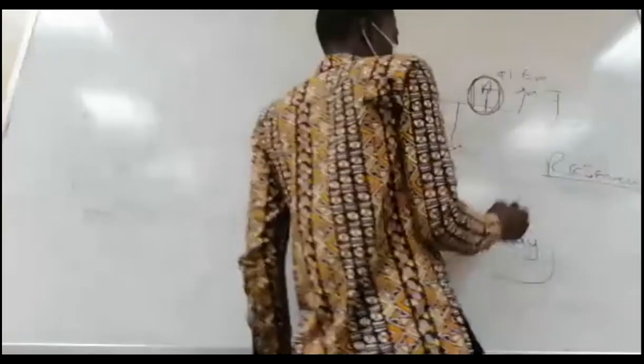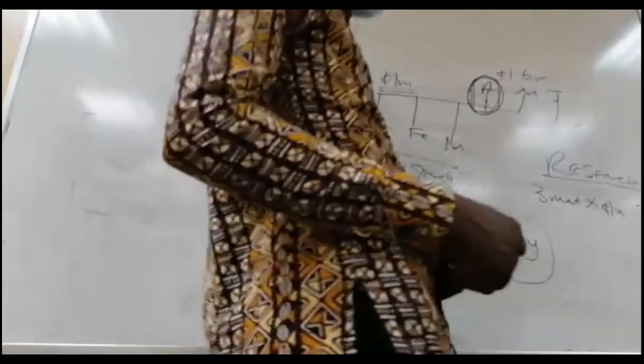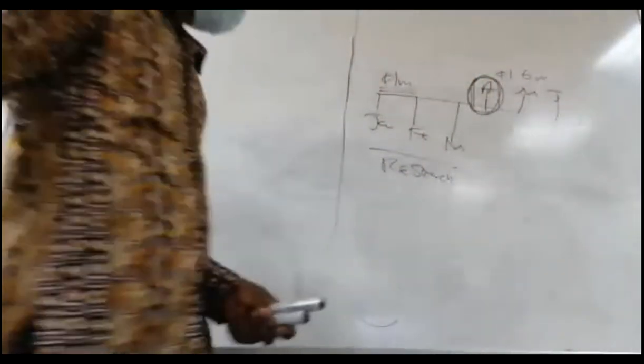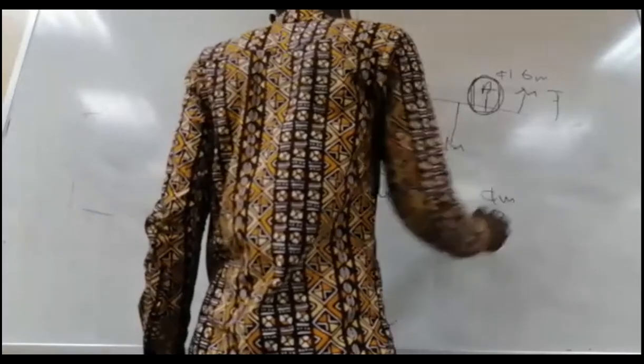Research cost: number one, the first 3 months by 1 million, that will give us 3 million.